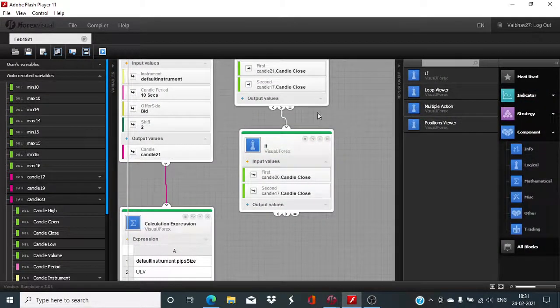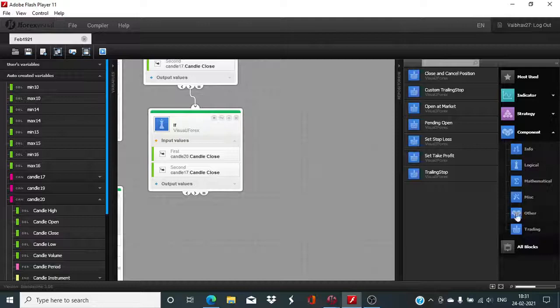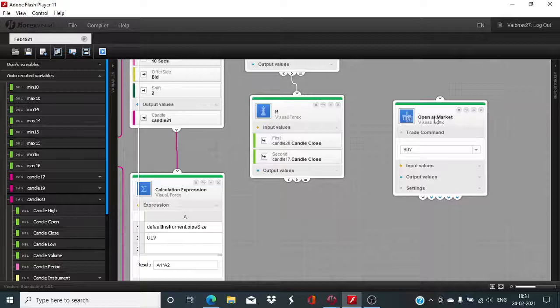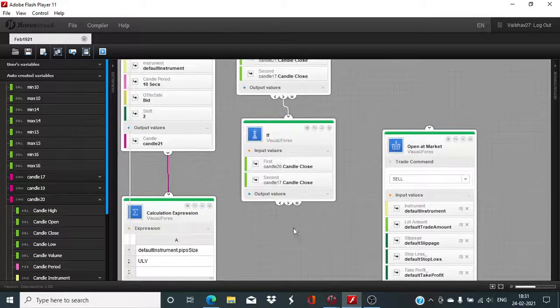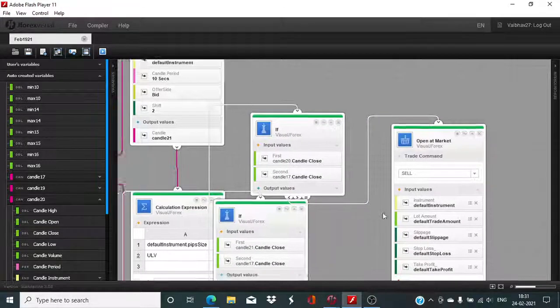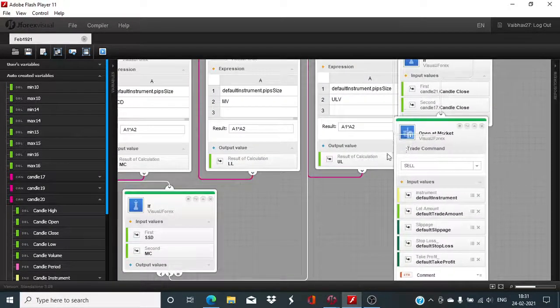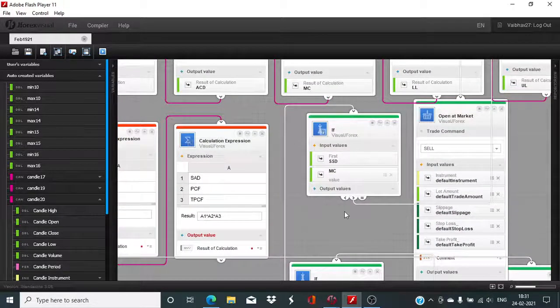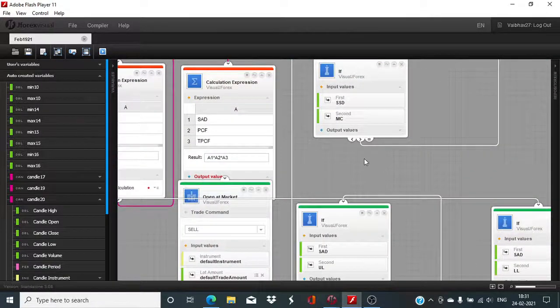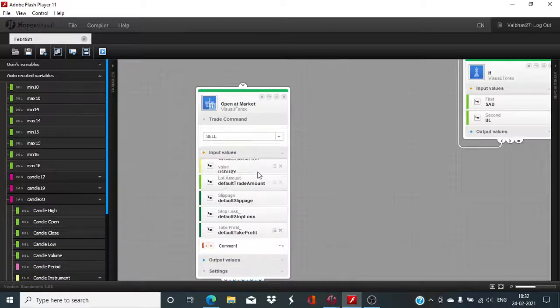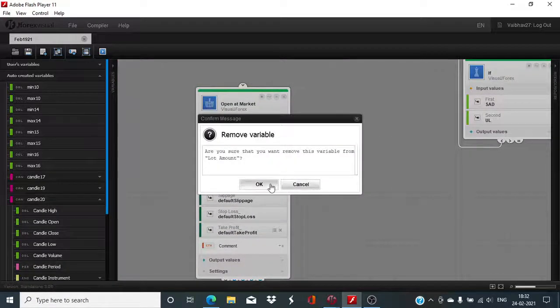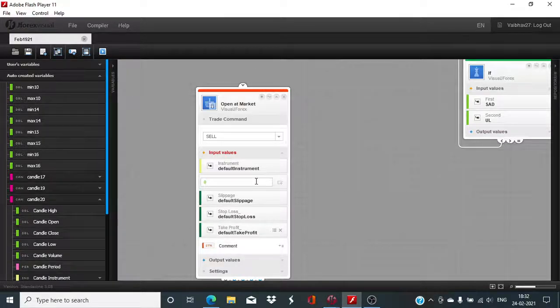And then comes the trading component, open at market, sell side, and for this we will have to use the values which we have defined here. Lot size, I think 0.1 million should be good enough.